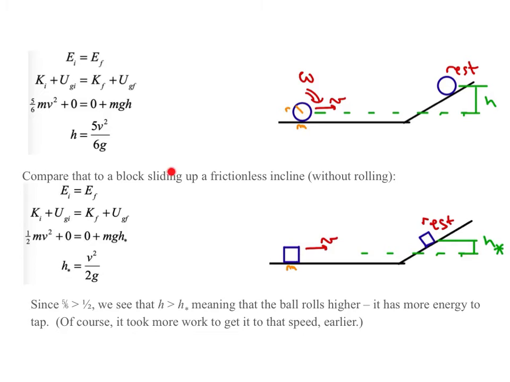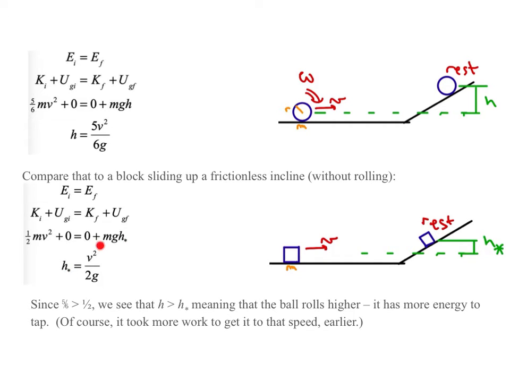Let's compare that to a block that slides up a frictionless incline but isn't rolling. So a block, same mass, moving at the same speed, but it just slides up because it can't roll. Then we have a half mv squared over here instead of 5/6 mv squared. We still have mgh. Now, I put mgh star because there's no reason to think that these are the same height.